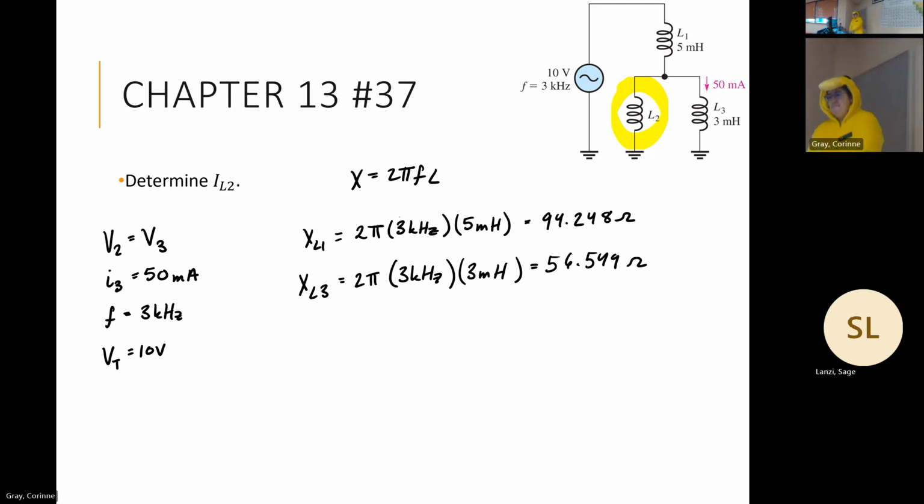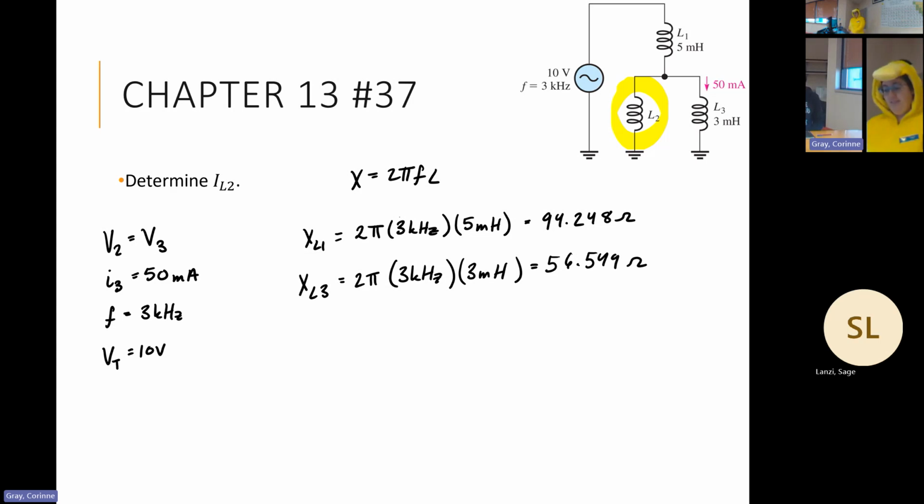Now what can I do? I still want to work towards the goal of finding the current through L2. So what's the next thing I probably want to do? Probably find the voltage drop of L3. How can I do that?